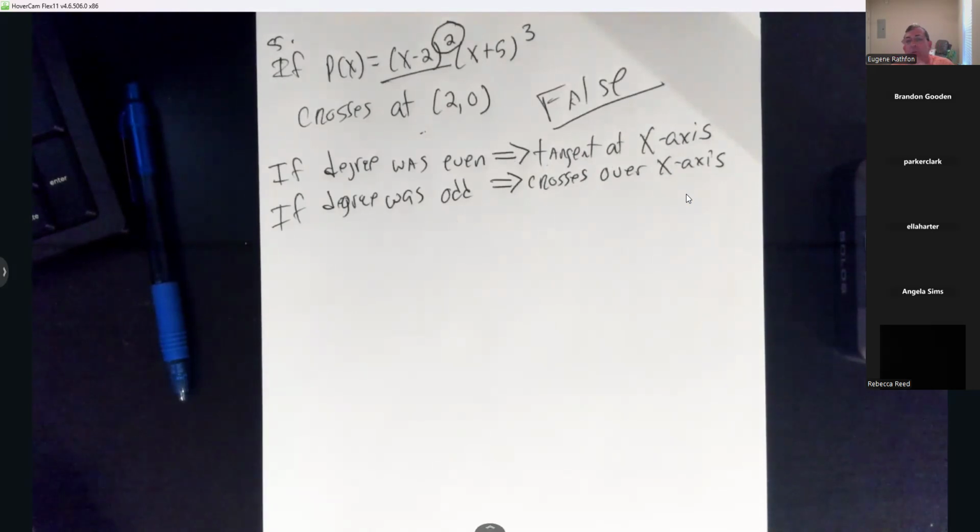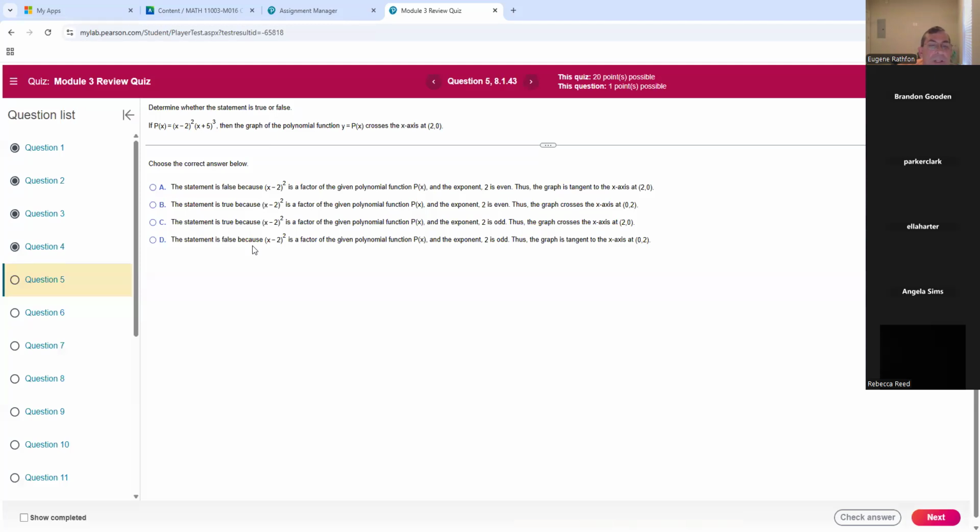So let's go find which one of these answers we need, because they got 4 answers, okay? We said false, so it's either going to be A or D. Let's look at what it says. It says it's false because x minus 2 is a factor and the exponent 2 is even. Thus, it's tangent to the x-axis.